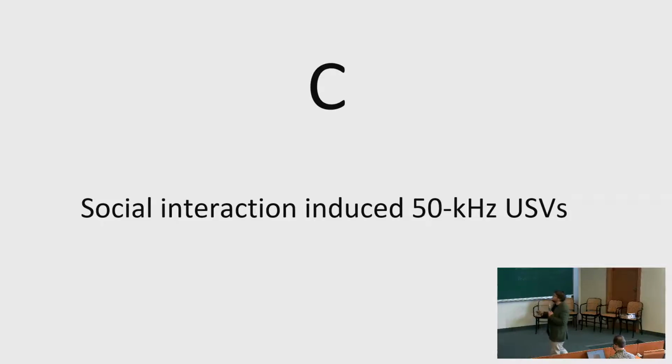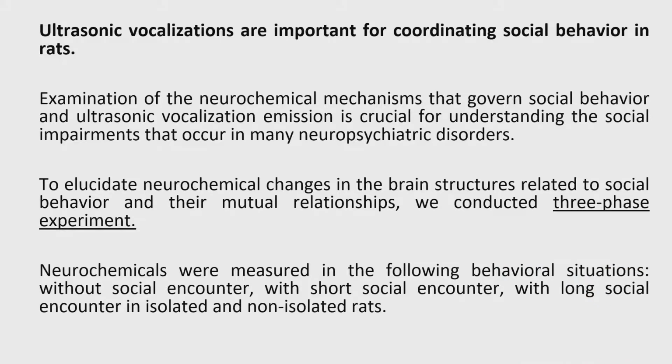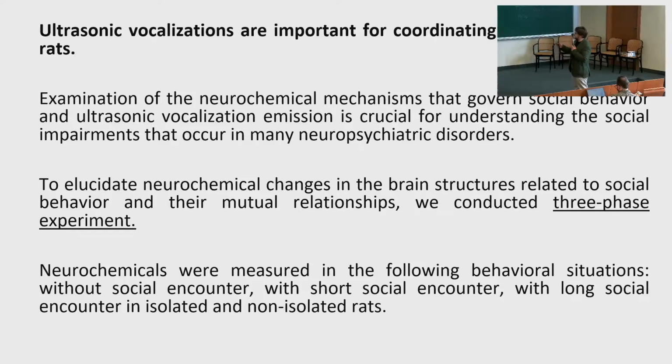So the social interaction induced 50 kHz ultrasonic vocalization. Ultrasonic vocalizations are important for coordinating social behavior in rats. An examination of those neurochemical mechanisms that govern social behavior and ultrasonic vocalization emission is crucial for understanding the social impairments that occur in many neuropsychiatric disorders.